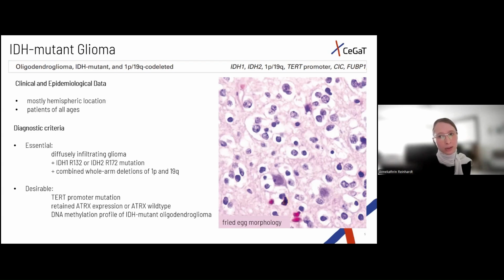What you can also see in this entity is a TERT promoter mutation, and this is really important because it can lead to mixing up with glioblastoma. So just be sure that you have IDH and TERT in combination with this 1p19q co-deletion, and then you can be sure that it's an oligodendroglioma and not a glioblastoma.